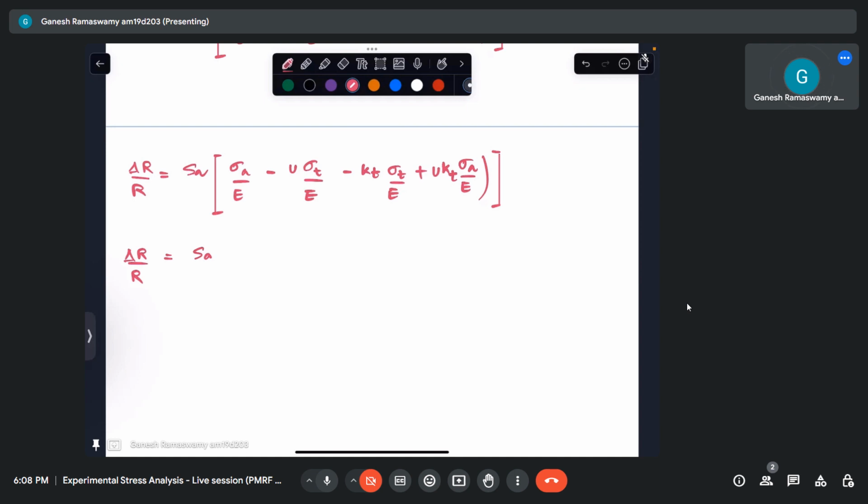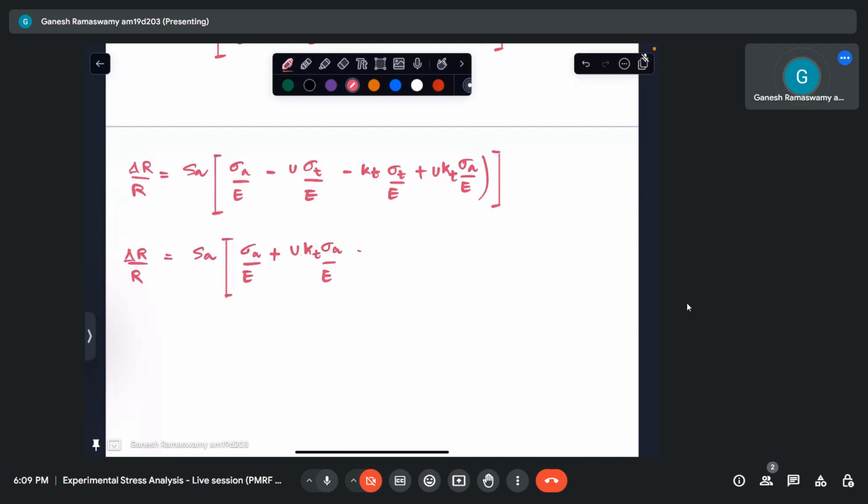We get SA into sigma A by E plus mu KT sigma A by E, and then these two terms are left, so I'll just put them here.